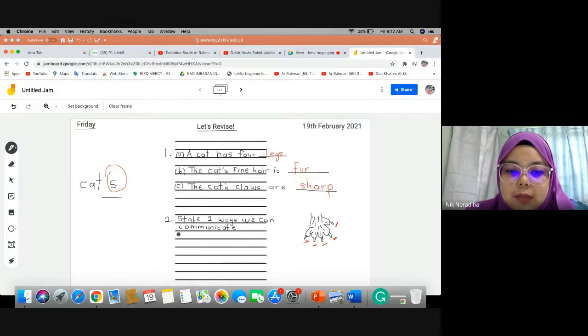So you can write here number 1. Just now, what is the first way we can communicate in the picture? Some of your friends already shared the answer with us. Teacher hopes you still remember, okay?